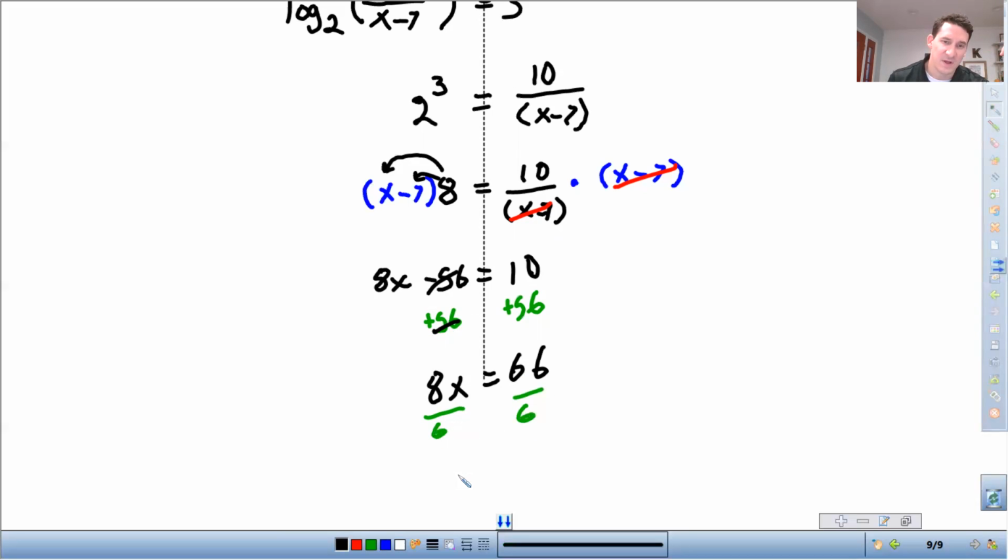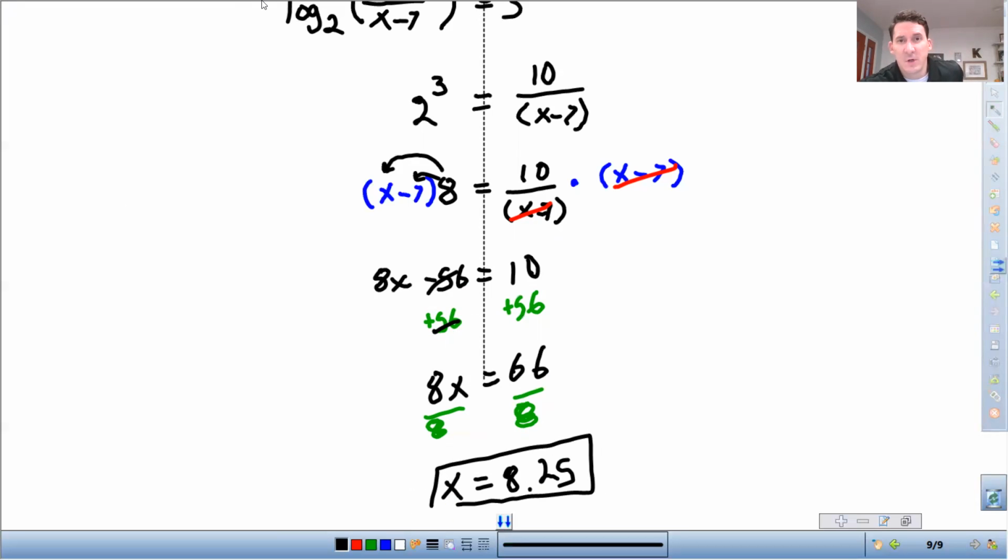I'm going to be left with x is equal to 66 divided by 8. I don't know why I wrote it 6. Divide both sides by 8. 66 divided by 8 is 8.25. And there we go. That'll do it for logs.